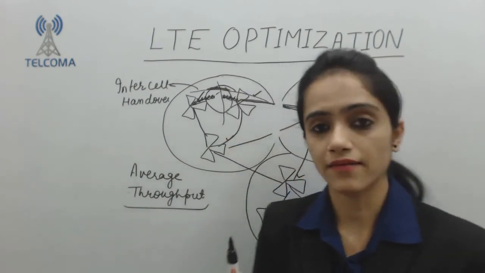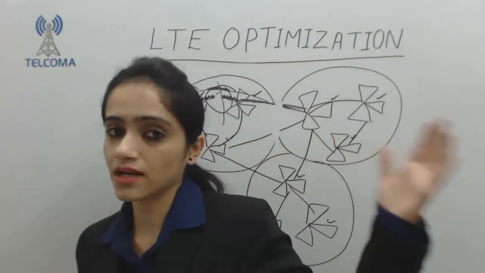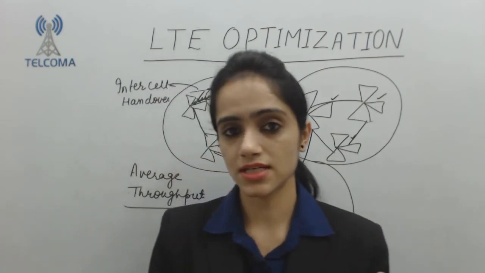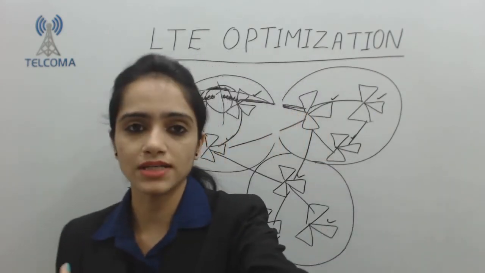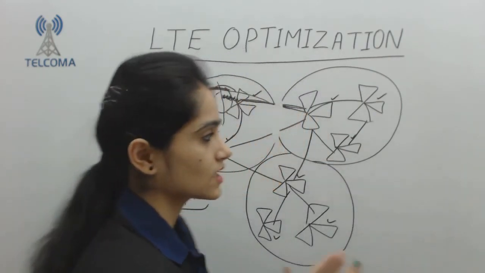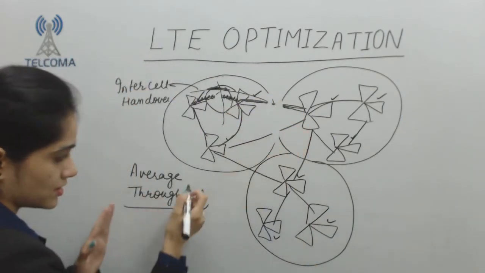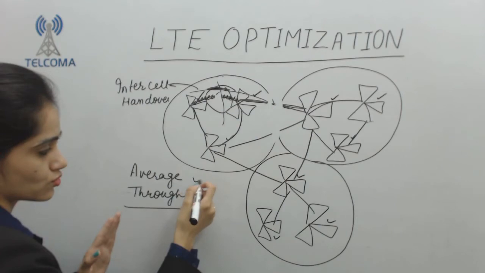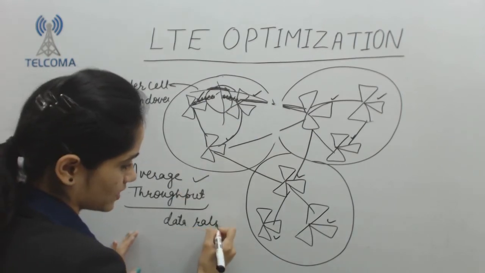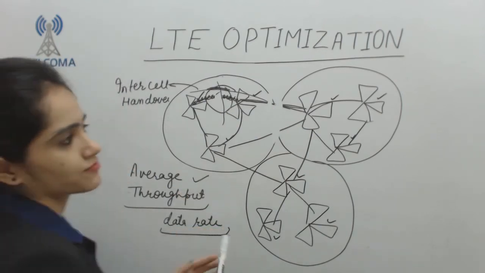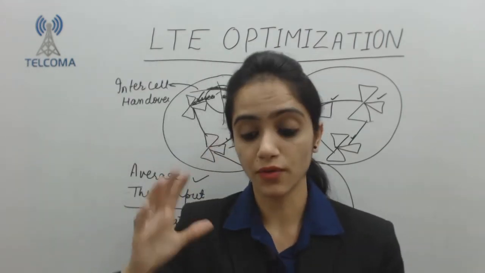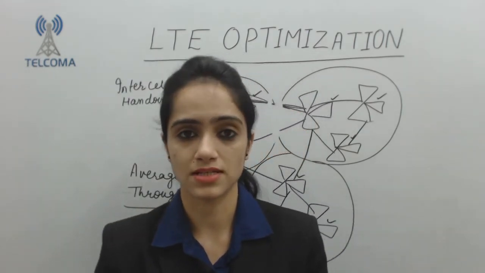But whenever we have some mobility, that means we have a handover, so it is required that your data session should be maintained. So where you have a data drop, what is the average throughput data rate we are receiving? These are the values which we are going to find out in cluster level optimization.